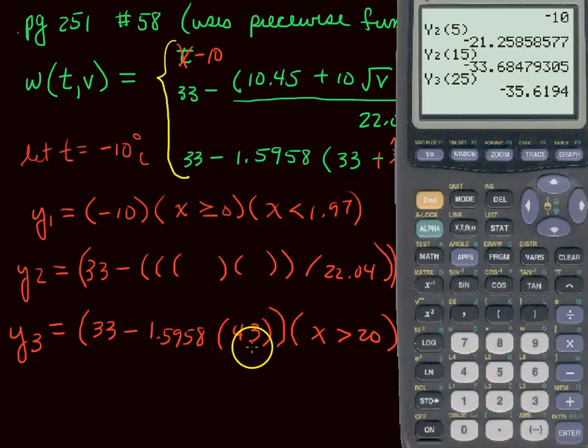That's depending upon the outside temperature. 33 plus or minus, I guess it'd be minus the outside temperature. So the x part is only for this y2. The x in our case was the velocity of the wind. Once it gets over 20, it's just going to be cold.